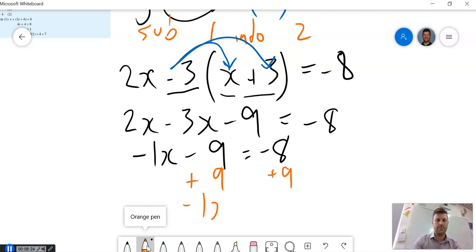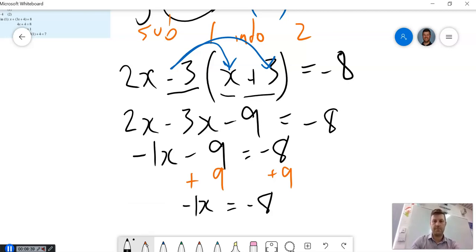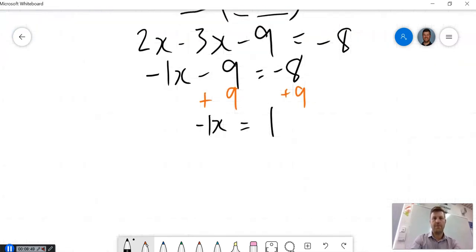Minus 1x equals -8, add the 9, equal to 1. And then to remove the minus 1 there, I'm going to divide by minus 1 on both sides, giving me an answer of x equals -1.